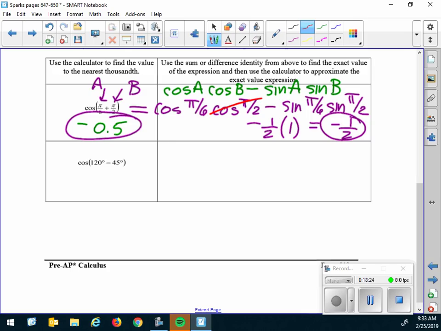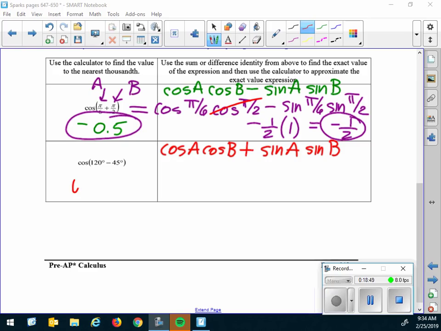Okay, cosine with a minus. The formula for cosine with a minus is cosine of the first, cosine of the second, plus sine of the first, sine of the second. Oh, I didn't do it on the calculator. Stop a minute and do the calculator.